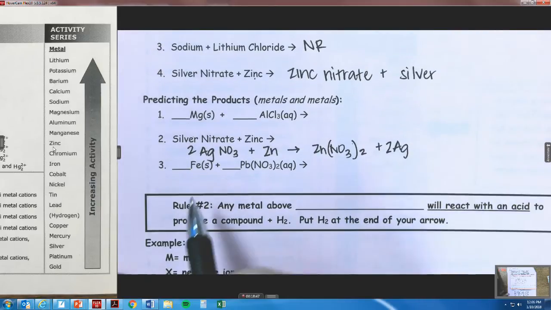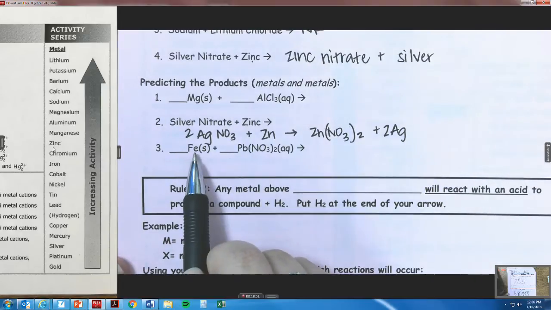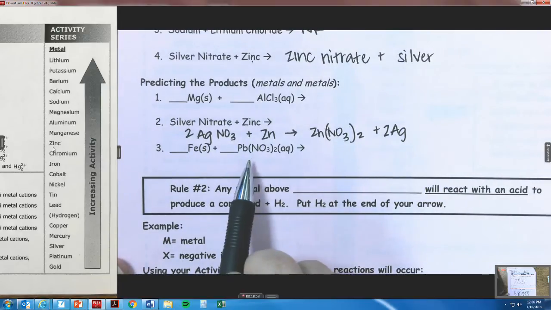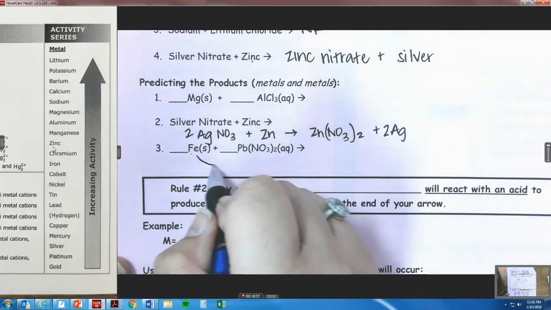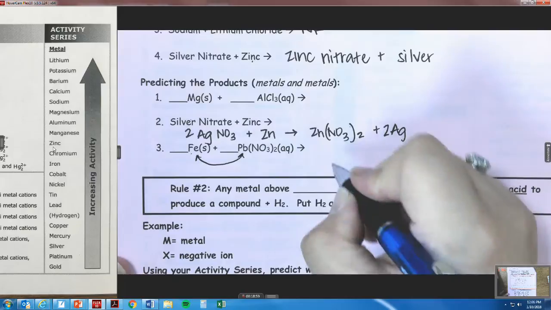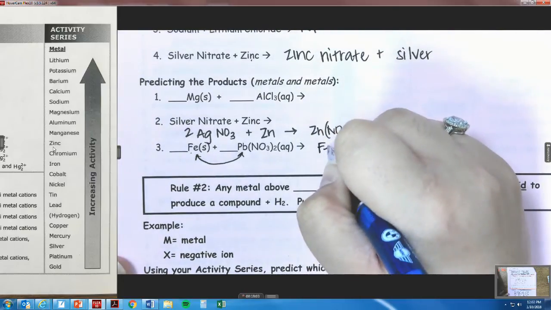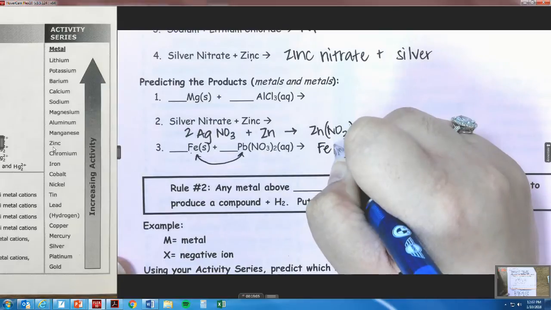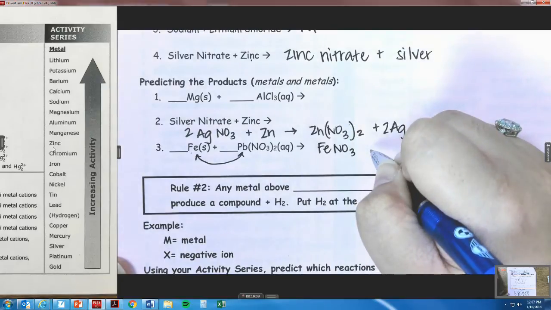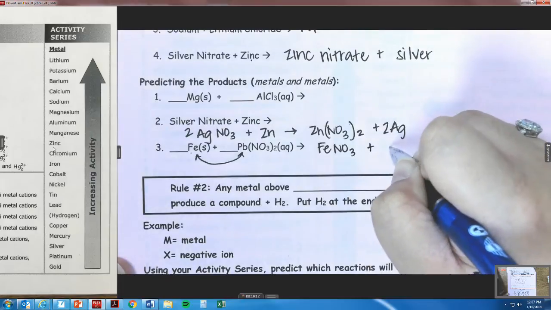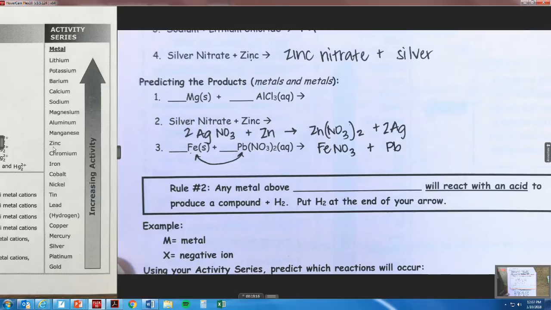Okay, so number 3. Okay, remember our metal is going to switch places with the metal in the compound. So iron is going to switch places with lead. So our products are going to be Fe, NO3, and let's see, plus lead, because lead is the one that's going to be all by itself now.